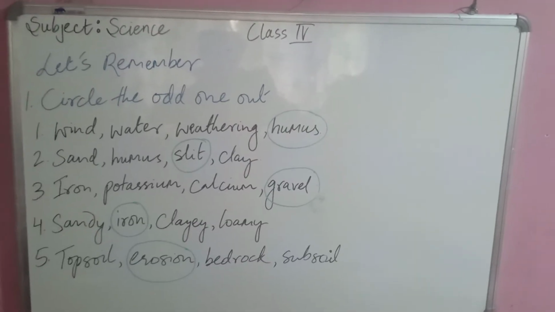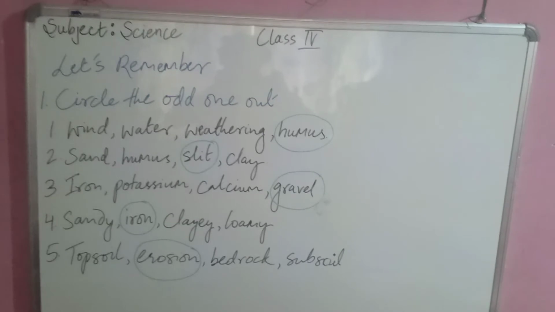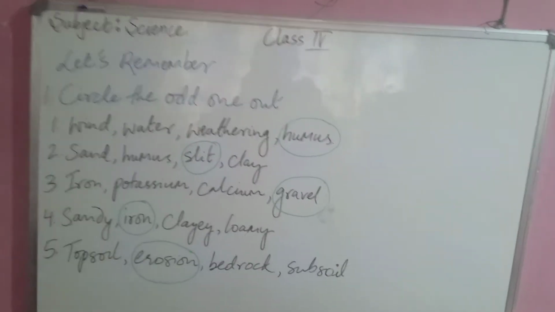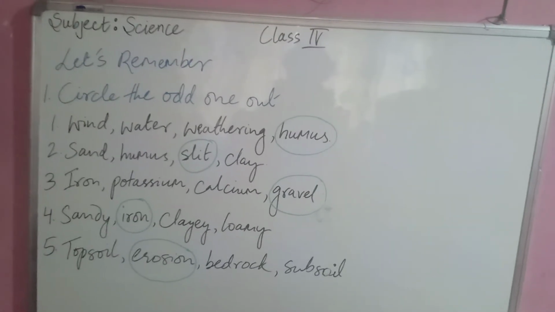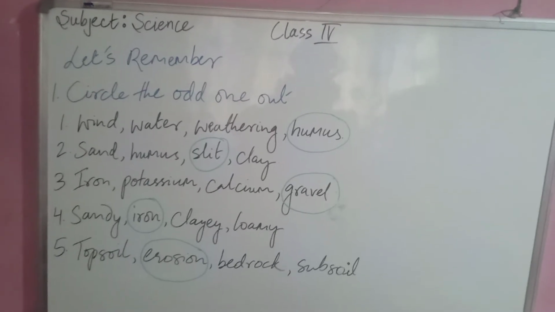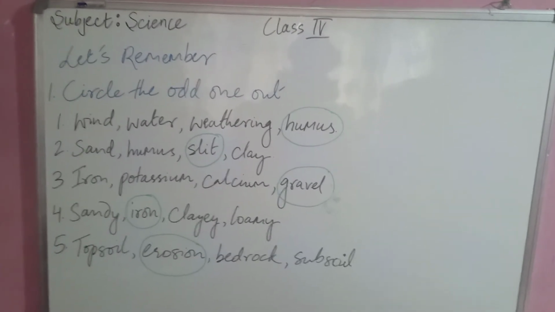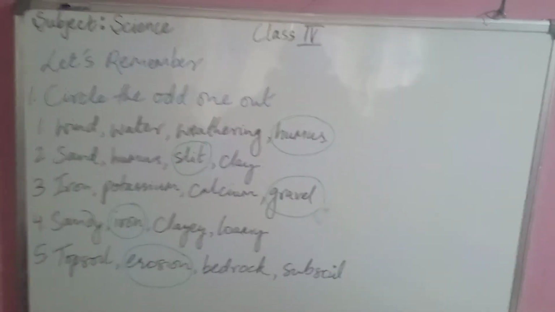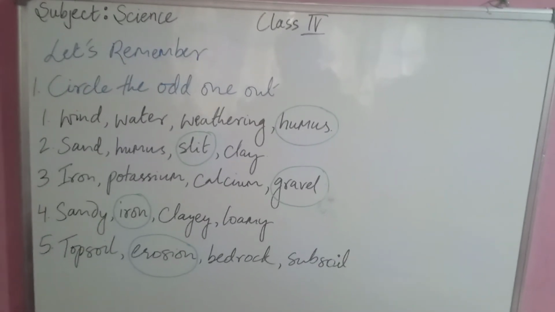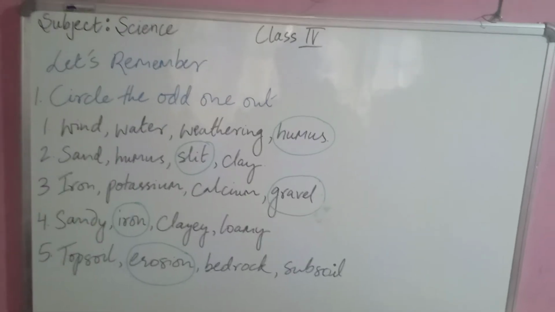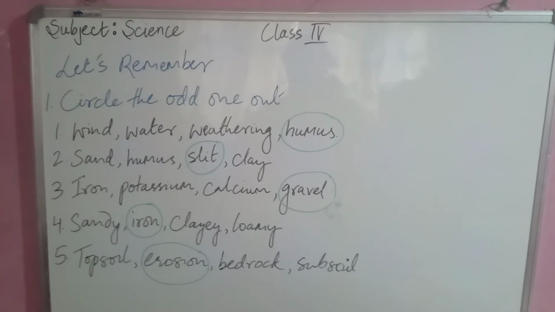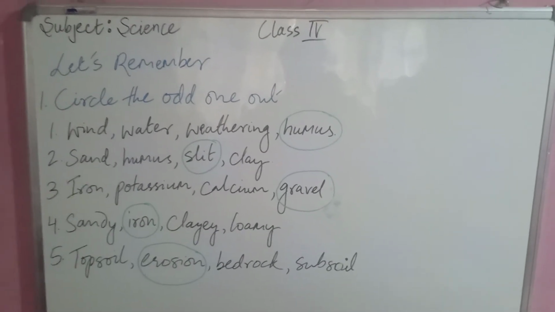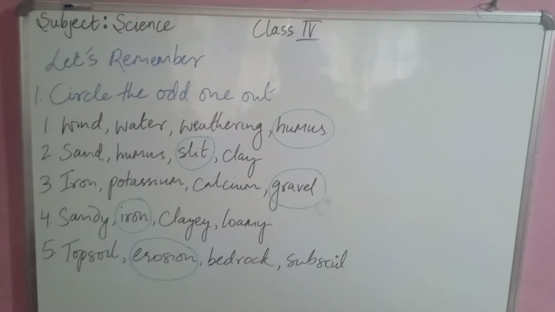Moving on. So let's revise with questions. We have to circle the odd one. The first one is wind, water, weathering and humus. Obviously humus is out of the context, so we circle this one. Then we have sand, humus, silt and clay. So silt is the odd one here.